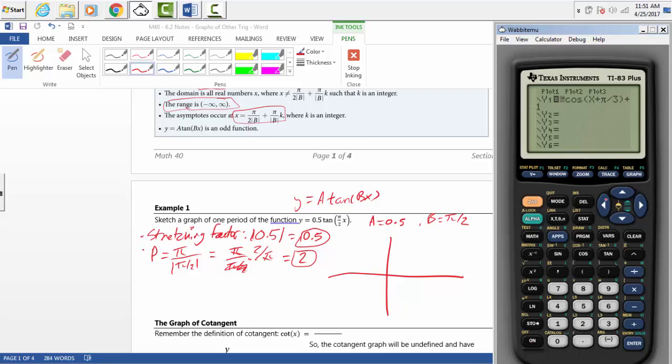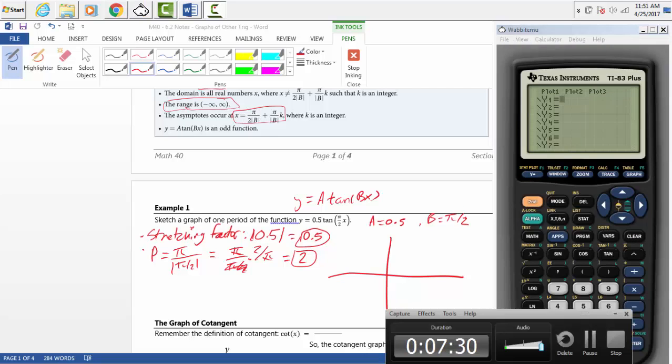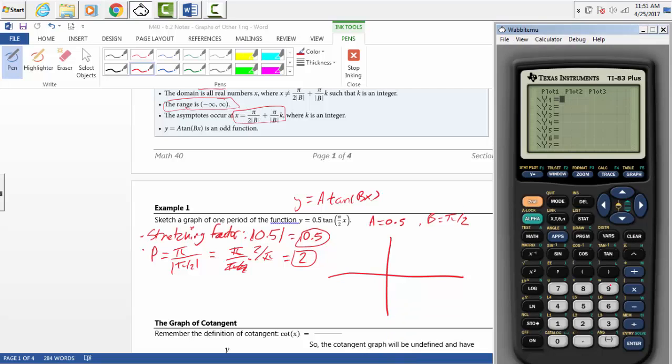And I want us to get practice using a calculator too, to make sure we can do it. So it's 0.5 times tangent, in parentheses, pi divided by 2 times x. Now check it out. Our calculator is actually lying to us here.